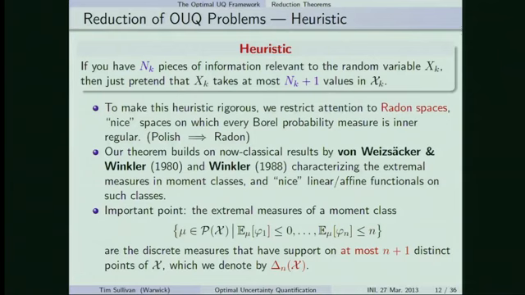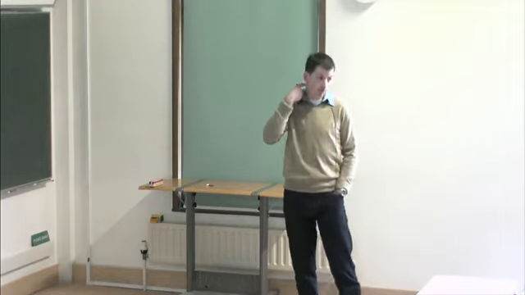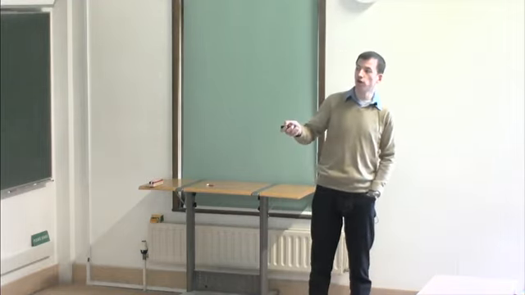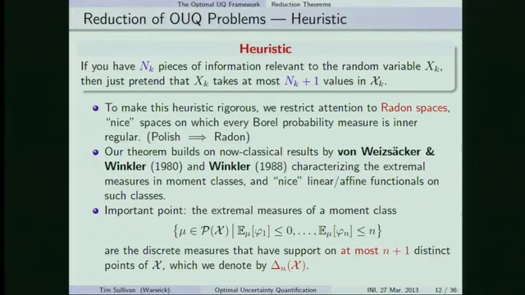But the important geometrical point, purely the geometry of the space of probability measures on a set, is that the probability measures that satisfy n half-space constraints, n moment inequalities, have support on at most n plus 1 distinct points of the probability space you're working on.